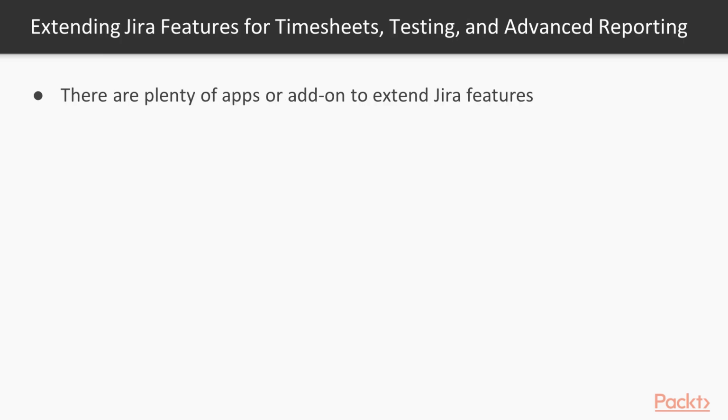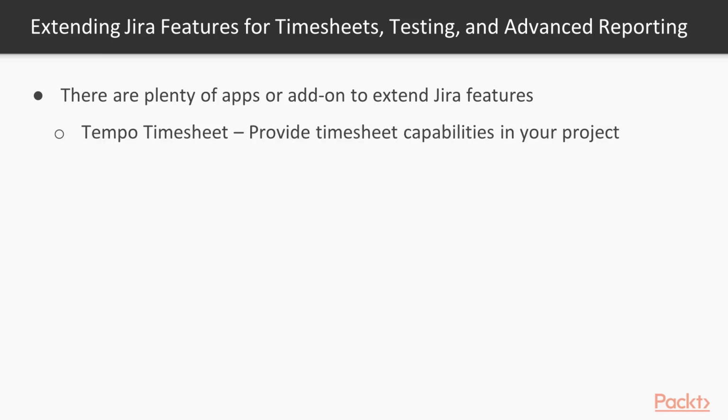Extending Jira features for timesheets, testing, and advanced reporting. There are plenty of apps, also known as add-ons, to extend Jira features. For example, there is one very popular add-on called Tempo Timesheet that will provide timesheet capabilities in your project.